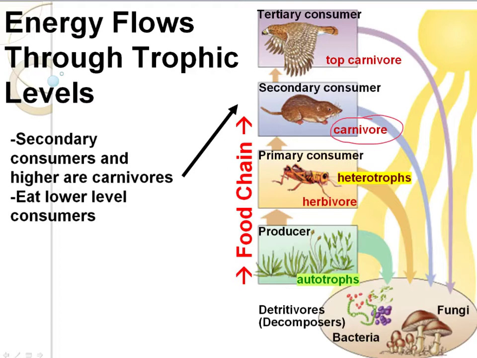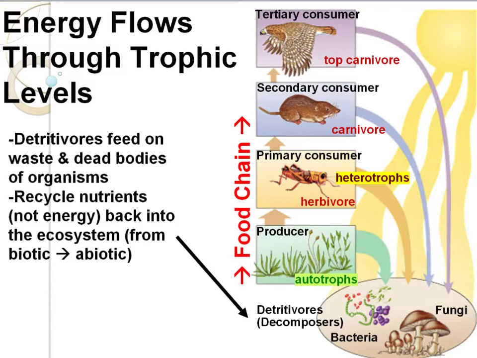So, the type of consumers that we have are the primary consumer herbivores, the secondary consumer carnivores, the tertiary consumer carnivores, and so on and so on. So, all of the consumer levels are primary, secondary, tertiary, and in some, there may even be a quaternary consumer. And I think I just spelled that wrong, but we'll go with it.